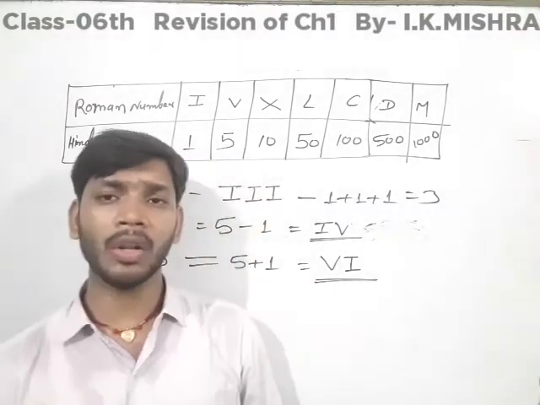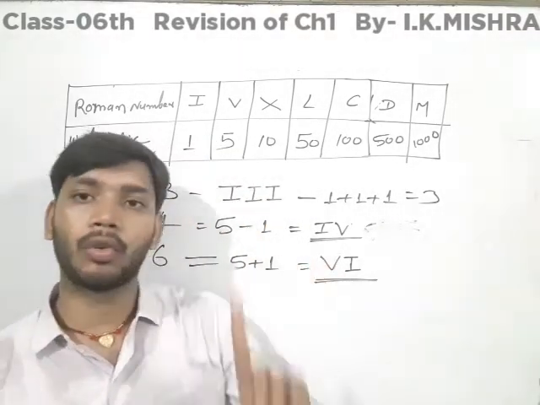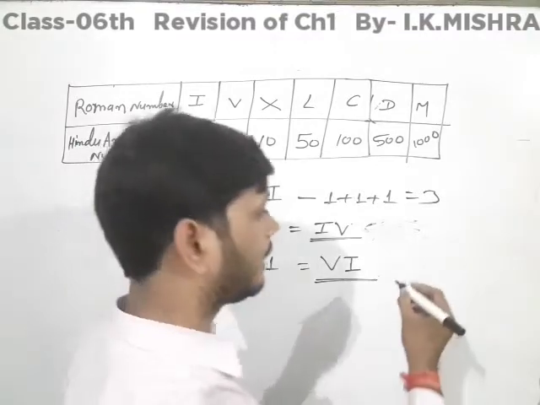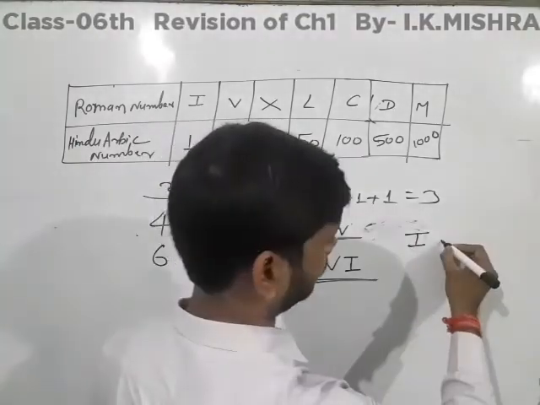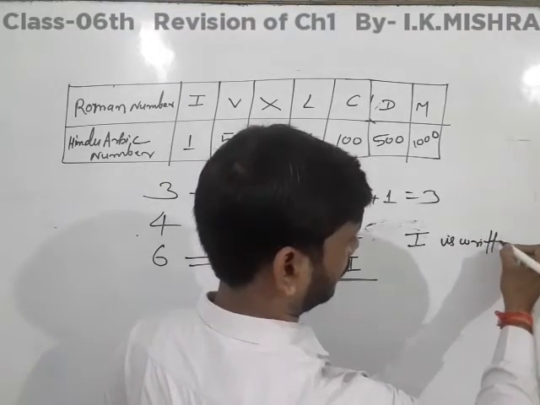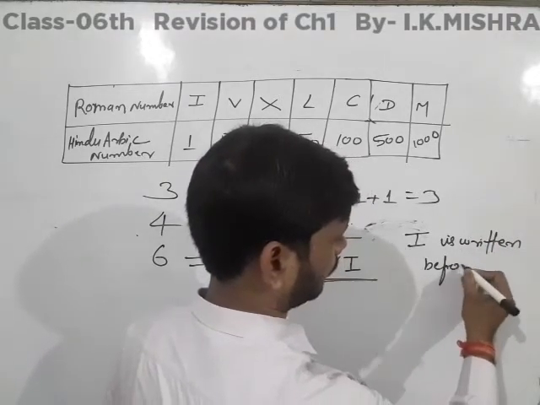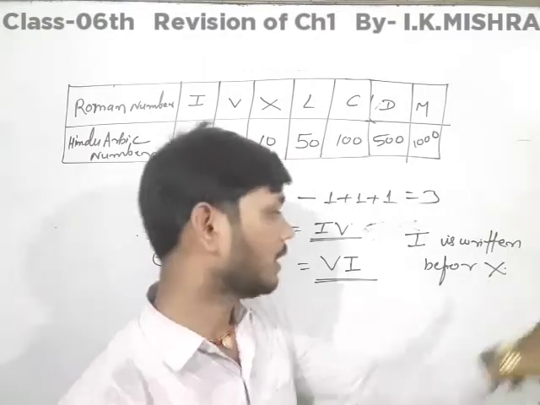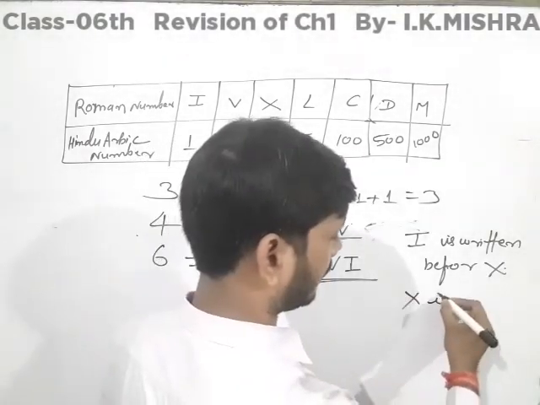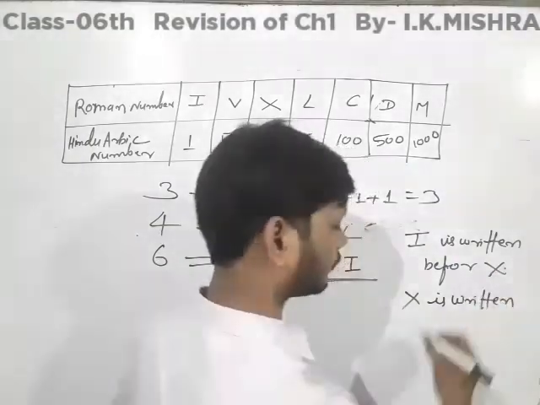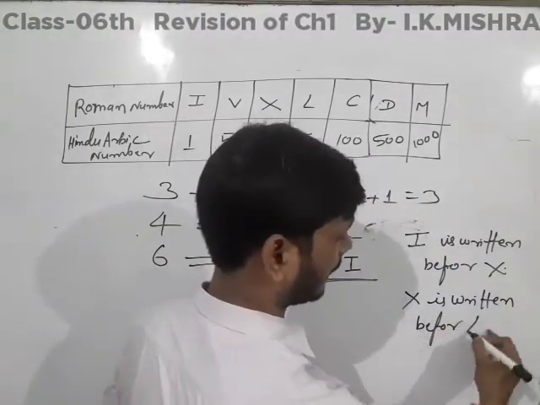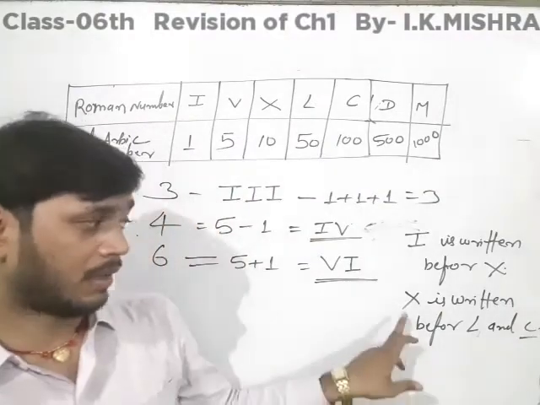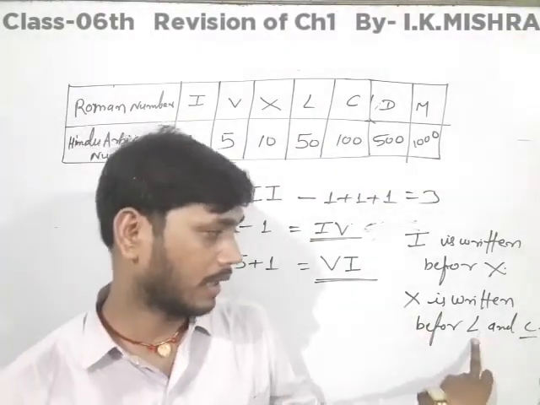Always notice, I is subtracted from X, not from C or L. Only I is written before X, not before L, C and D. Now X is written before L and C. You can write X before L and C.